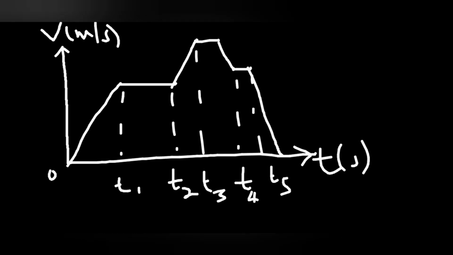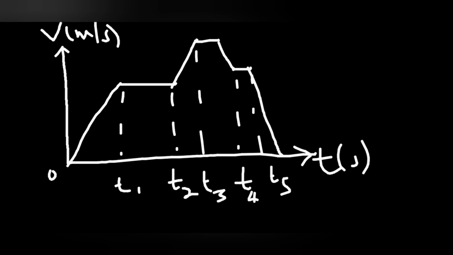Considering this particular diagram, we can see clearly that the velocity of this particular body in motion is not uniform. It only maintains a little bit of uniformity between T1 and T2, also at T3 and T4, and lastly between T4 and T5.